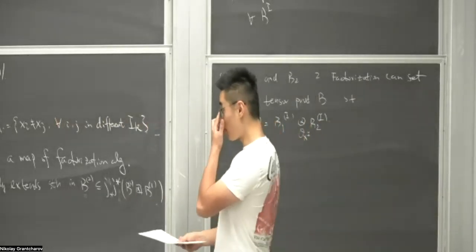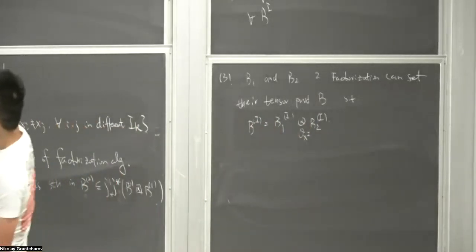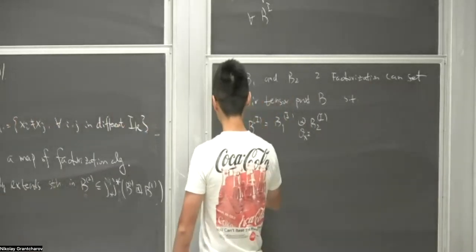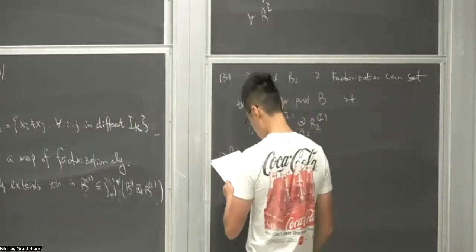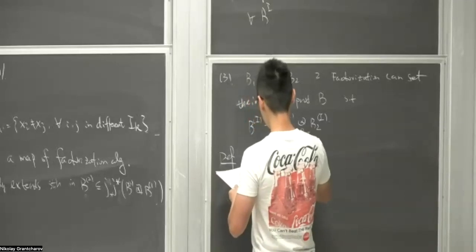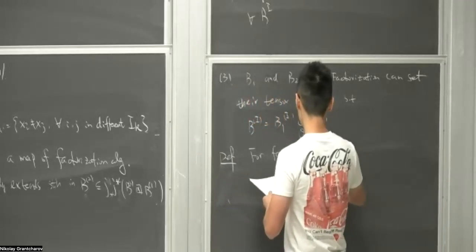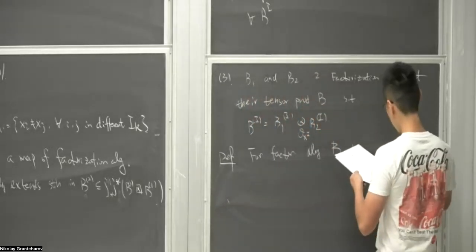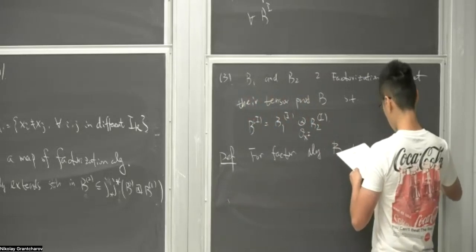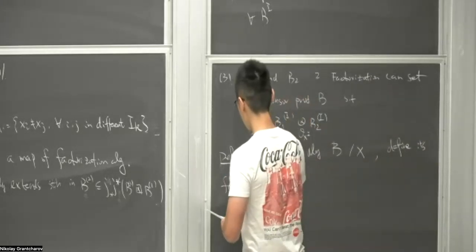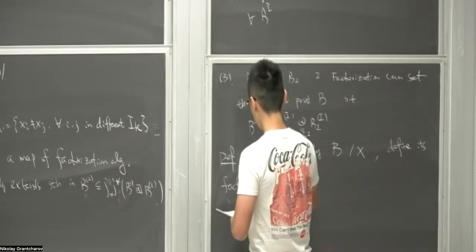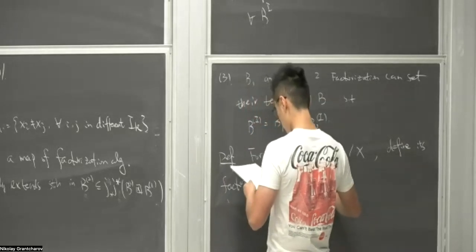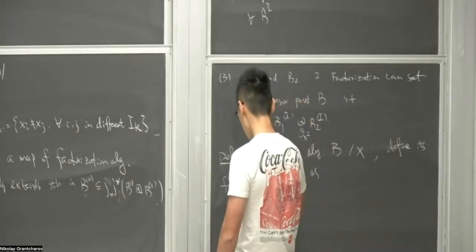So that's the definition of factorization algebra. The next thing I would do is define factorization homology. So for a factorization algebra D over X, we define factorization homology as, well, this part is just notation.